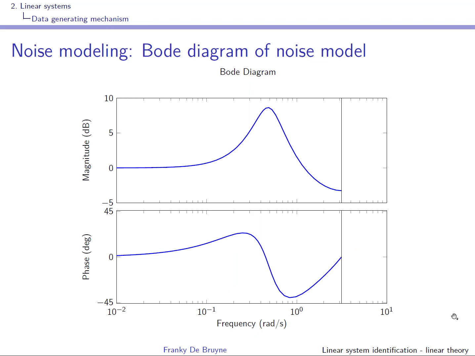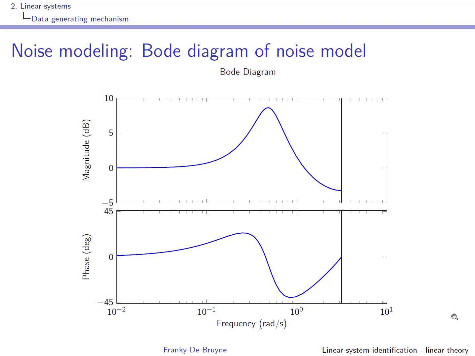So remember that e of t is a white noise, so it's a stochastic signal, but it also has the property that the intensity will be equal at all frequencies. So we say that the signal e of t has a so-called flat spectrum. This is why it's called white noise.